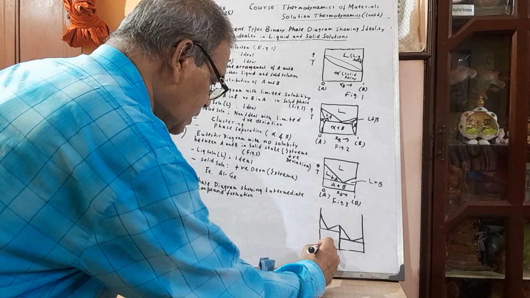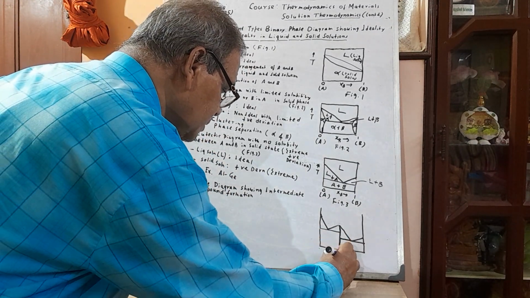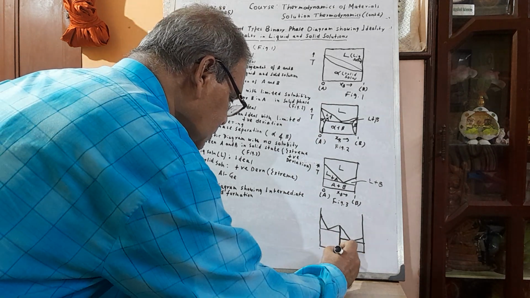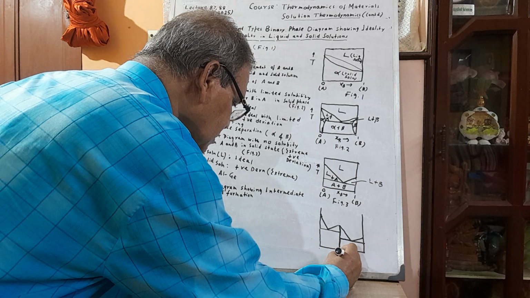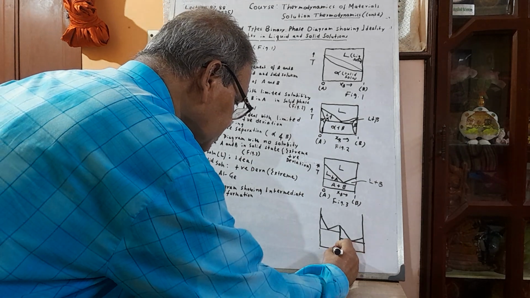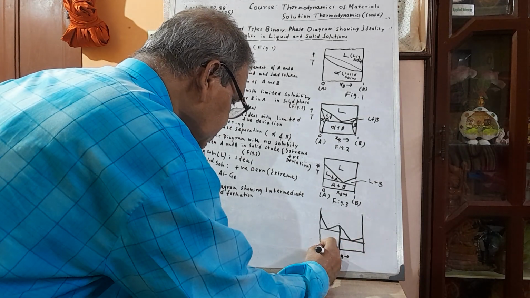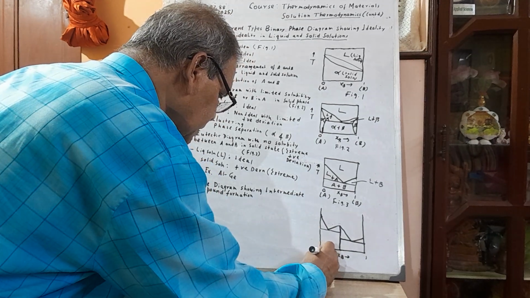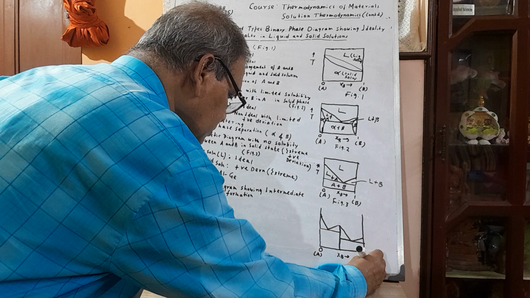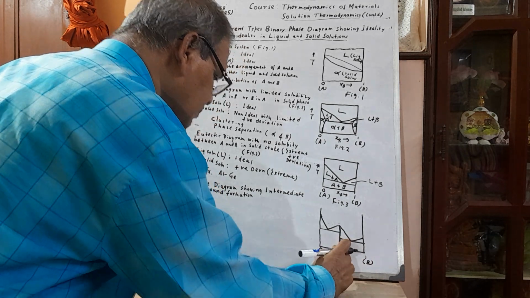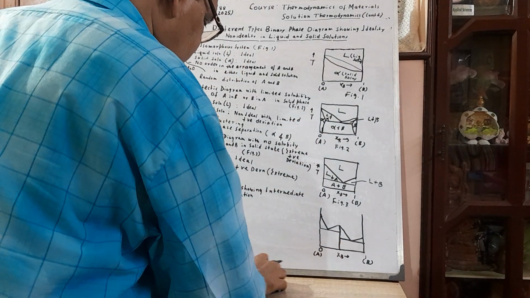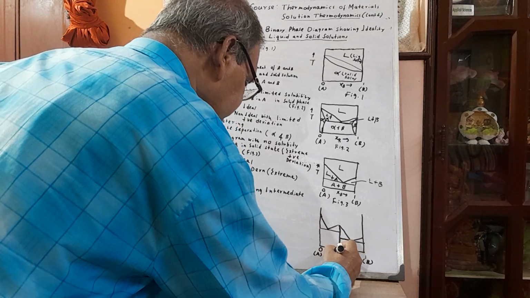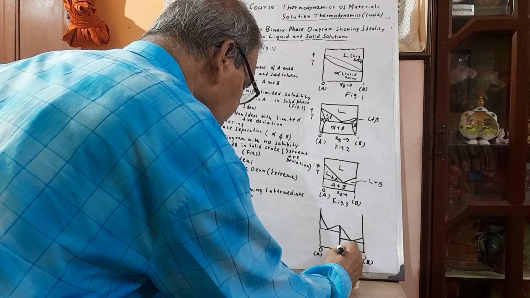This is as before XB, moving from 0 to 1, namely A to B. Right here, this is the AB compound.